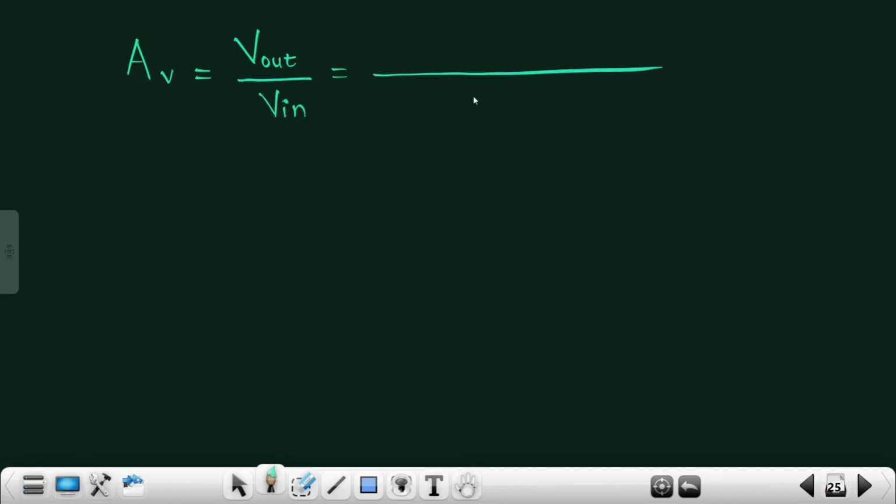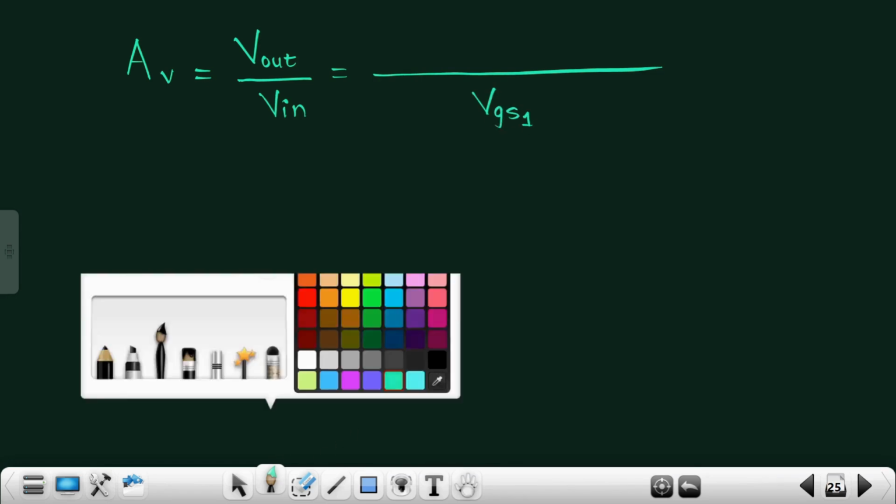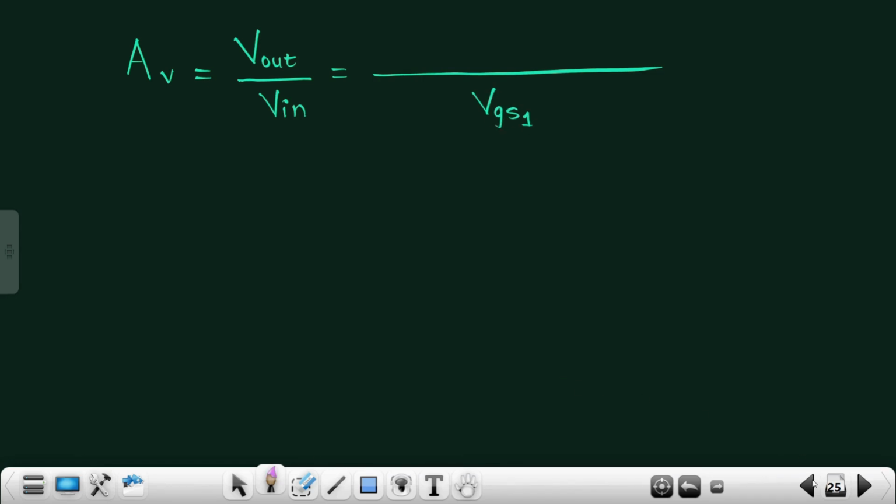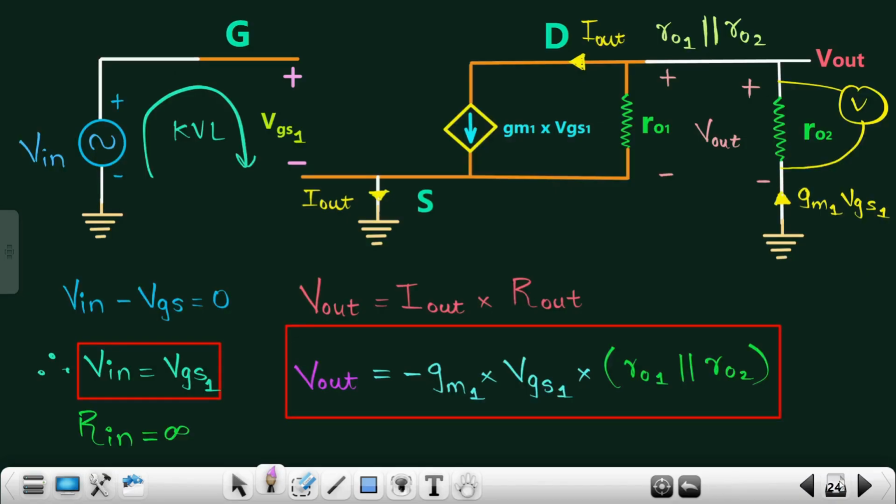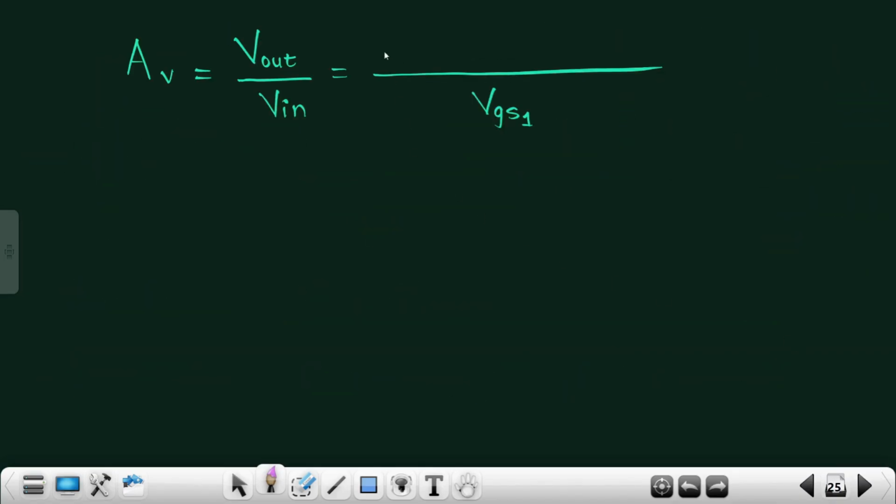So V in is VGS1, and V out was minus of gm1 times VGS1 times RO1 in parallel with RO2.